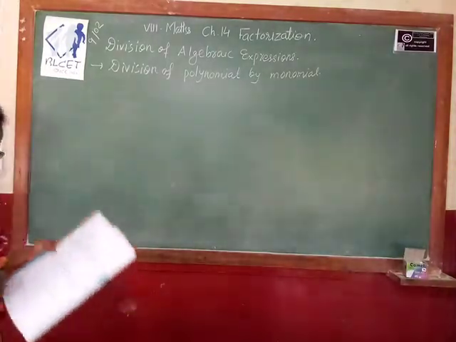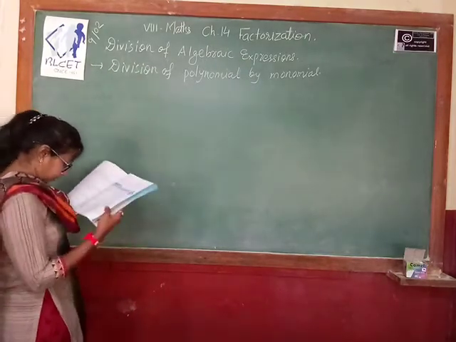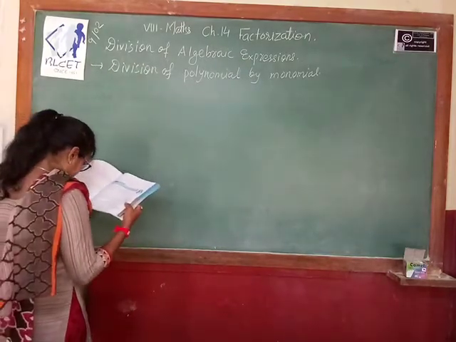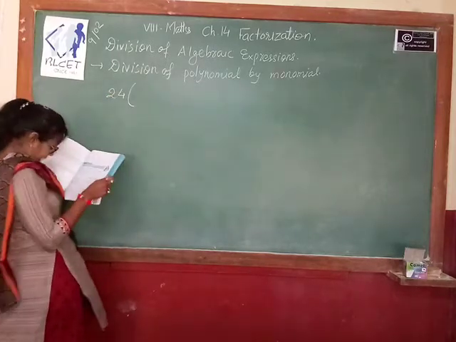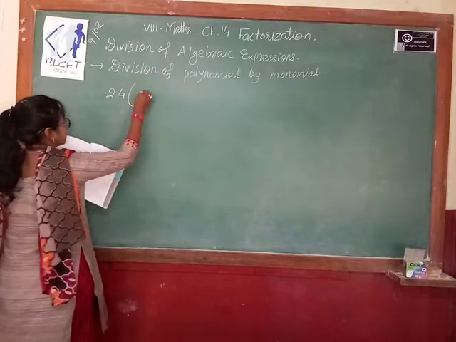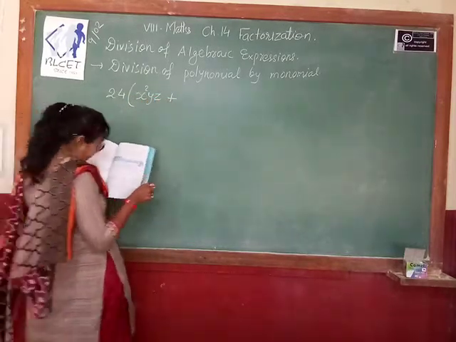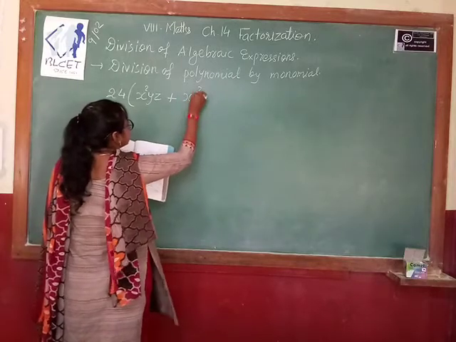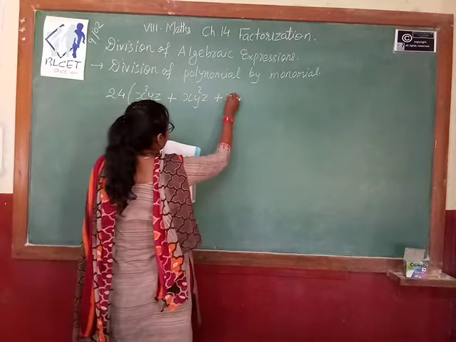Now the question is: 24 out of the bracket, in the bracket we have x²yz plus xy²z plus xyz².